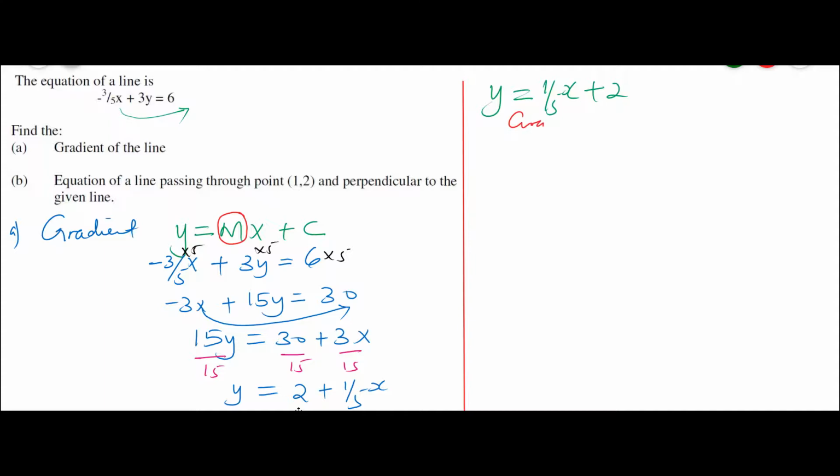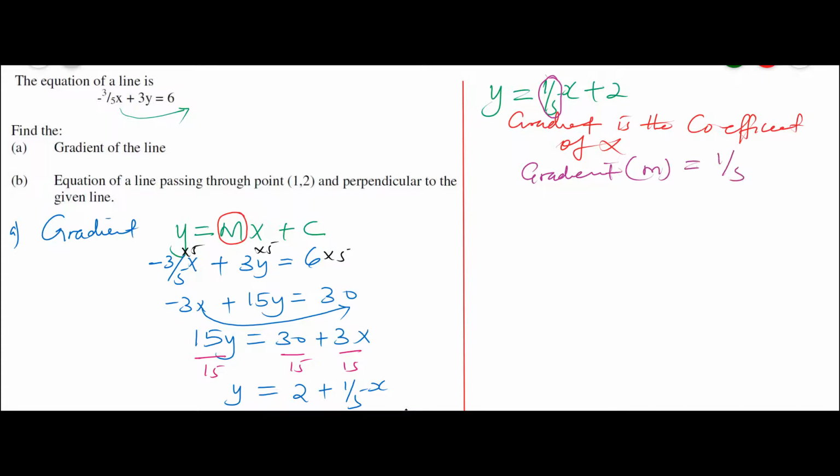The gradient is the coefficient of x, and the coefficient of x in this case is that. So the gradient or m is given as 1 over 5. So we have solved the first part.